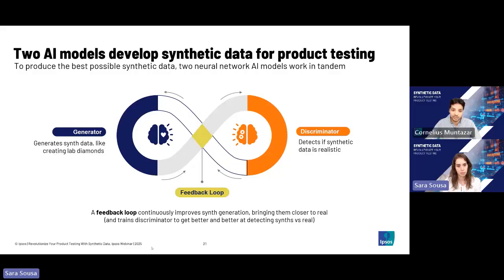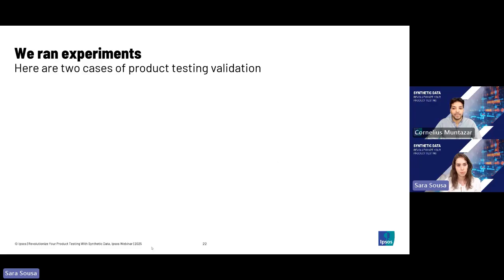So imagine one machine creating the data and sending it to the other machine, which checks it over. Then it sends it back to the one that creates it, and it just goes back and forth until it's really high quality data. This is truly a dynamic process of creation and refinement, and that ensures the highest quality of synthetic data for our clients.